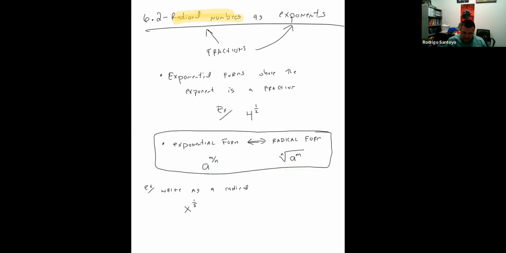Doing that means we need a radical symbol. Our index is 5. Our radicand is x. And we give x the power of 1. We can really just simplify this and say the 5th root of x, since x to the power 1 is just x. Any questions with that example?